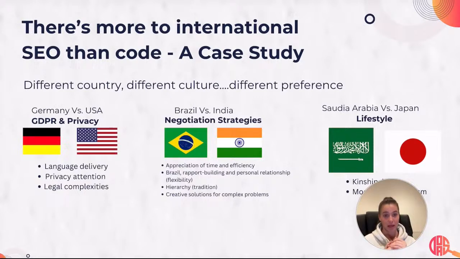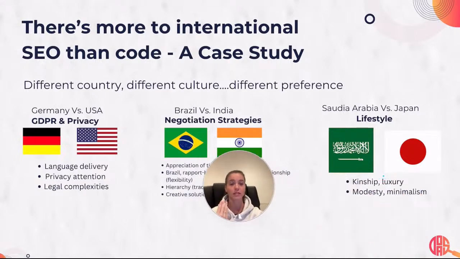And the third example is really cool because these two countries are incredibly different: Saudi Arabia and Japan. This example is from an automotive niche. In Japan, if anyone's been, I would love to go one day, they are a lot more modest in their views. They focus on sustainability and minimalism. Whereas in Saudi Arabia, the Middle East, they've got lots of money.